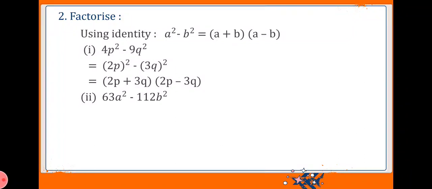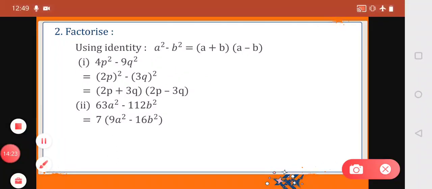So we take out 7 common, that is 7 into 9a square, because 7 9s are 63, minus 16b square, 16 7s are 112. So first we take out common 7 and the remaining we write in the bracket, that is 9a square minus 16b square.